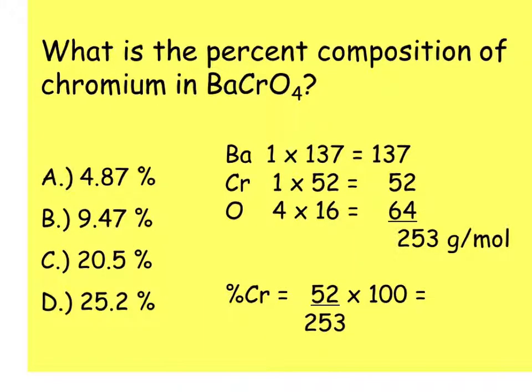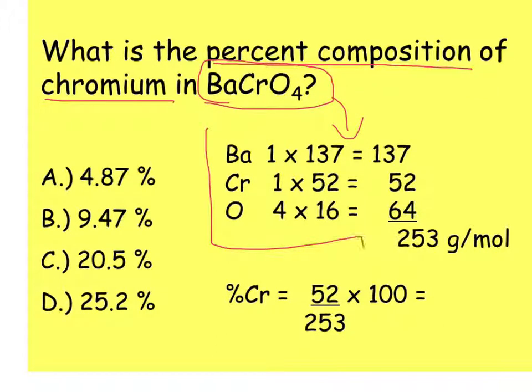Okay, here's another example where we've worked out some things here. The first thing is we're asking for the percent composition of chromium in barium chromate. First thing we need to do is calculate the molar mass of barium chromate, and we've done that down here, right?